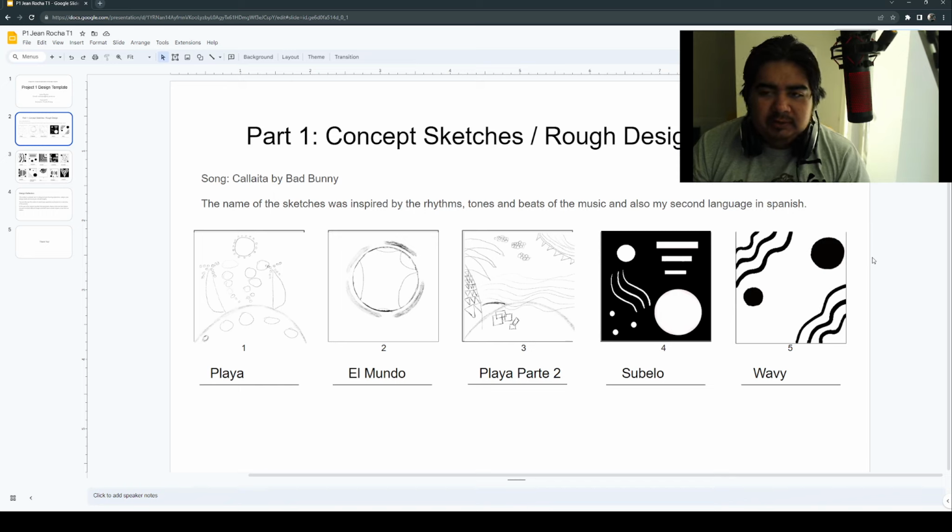So basically, the first 3 designs that I made were early concepts that I did in the tutorial before it was due. For the first ones, there's a lot of use of circles and dot patterns that create shapes, but also lines.